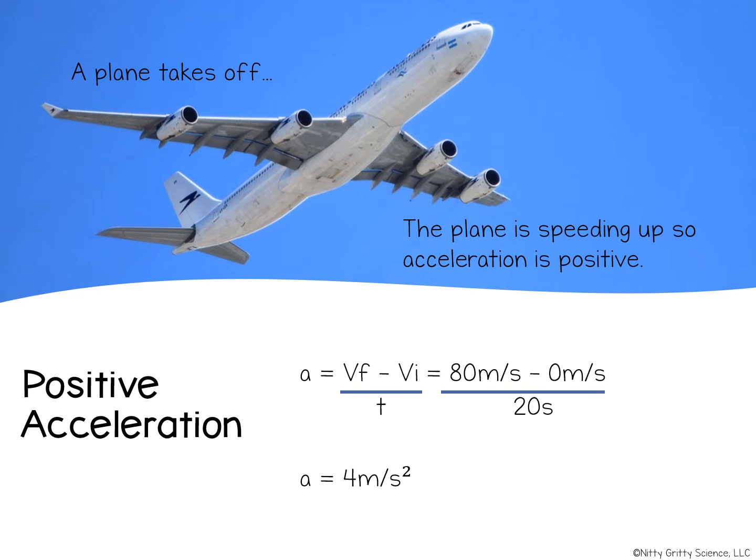Generally, when somebody uses the word acceleration, we think of something speeding up. However, remember we said that if there is a change in an object's speed or an object's direction, then it is accelerating. Looking at this plane taking off, we know that it is speeding up. If the speed of an object is increasing, then it has positive acceleration.